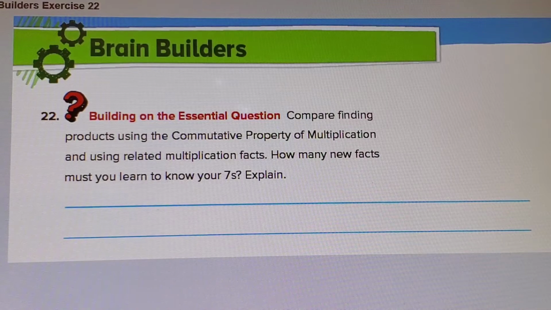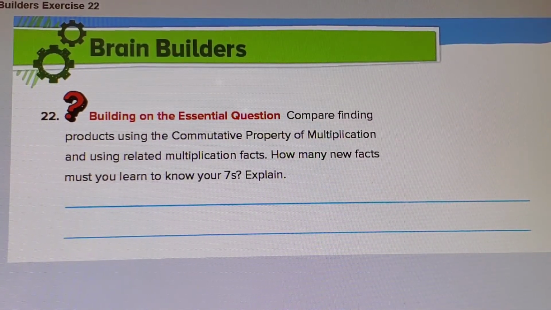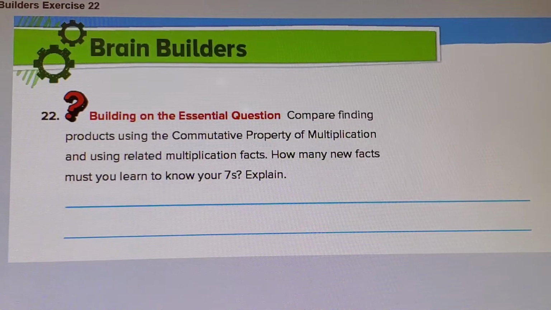So think about how many facts you already know that involve 7. Do you know 0 times 7? 1 times 7? 2 times 7? 3 times 7? 4 times 7? 5 times 7? 6 times 7? I bet you also know 10 times 7 and 11 times 7.